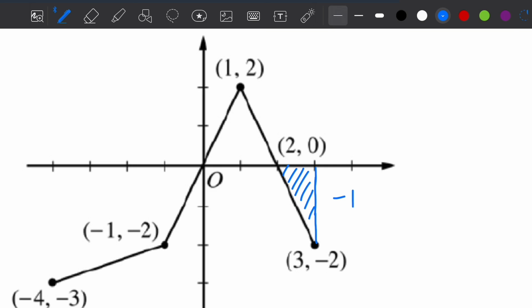And we see that there's another triangle on the interval 1 to 2 with the same exact dimensions, which means the area for this triangle will be +1. This can be rephrased using integrals: since the integral from 1 to 2 is 1, and the integral from 2 to 3 is -1, their sum is 0.